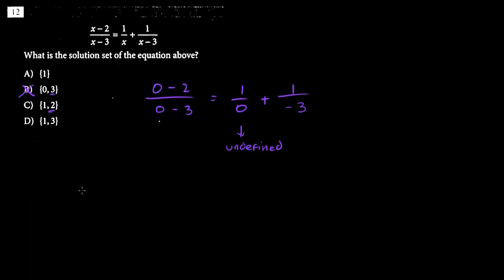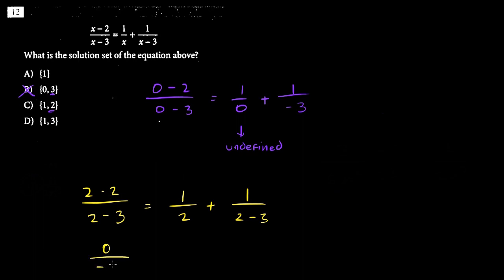Let's put 2 in for x. So 2 minus 2 over 2 minus 3 equals 1 over 2 plus 1 over 2 minus 3. If we simplify that, that's going to be 0 over negative 1 equals 1 over 2 plus negative 1, right?